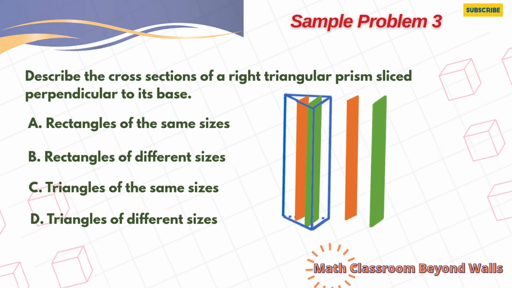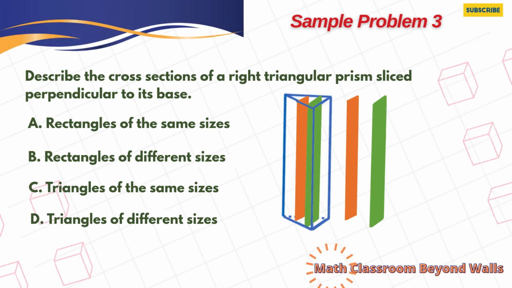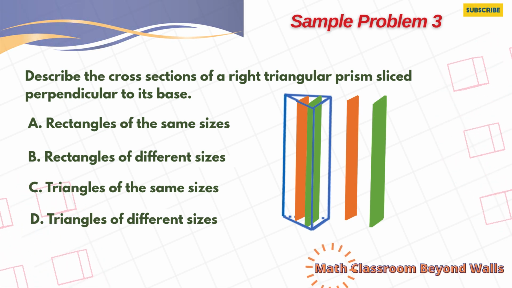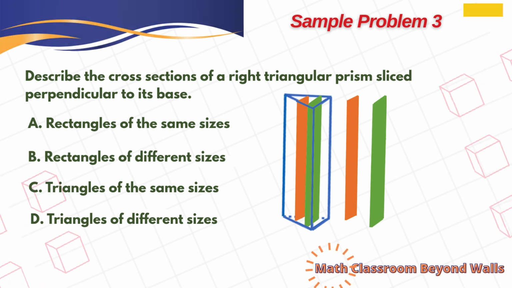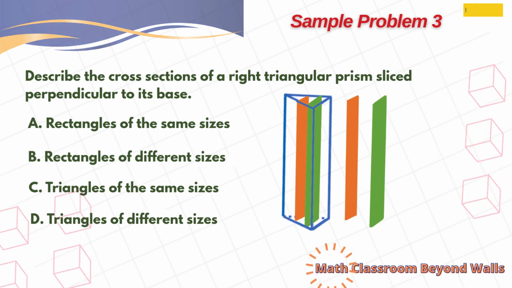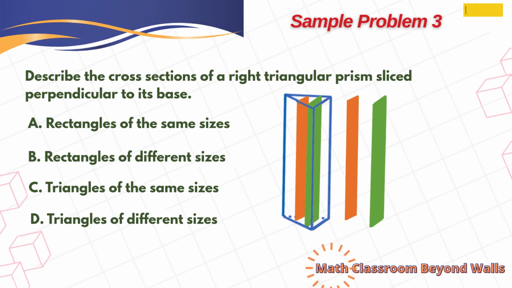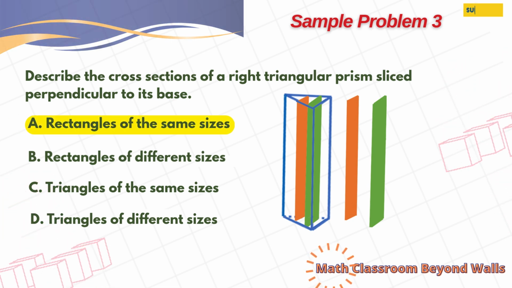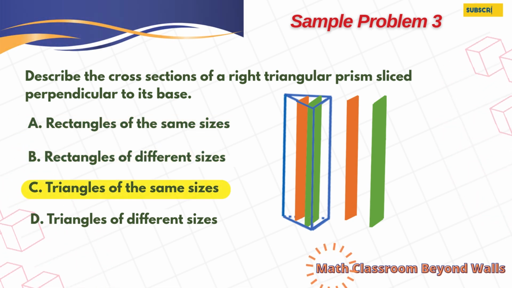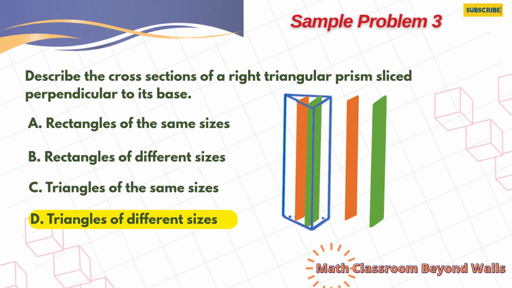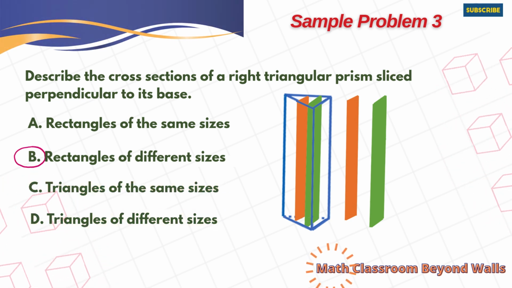There you are, learners. Slicing it perpendicular to its base gives us these cross sections. What shapes are these, learners? So, what is our answer here? Is it option A, option B, option C, or option D? Okay, so the answer is option B.